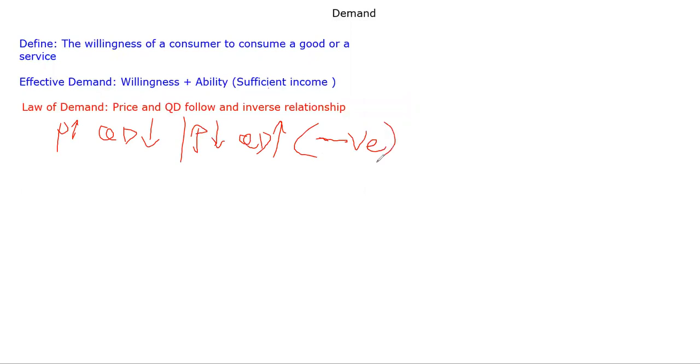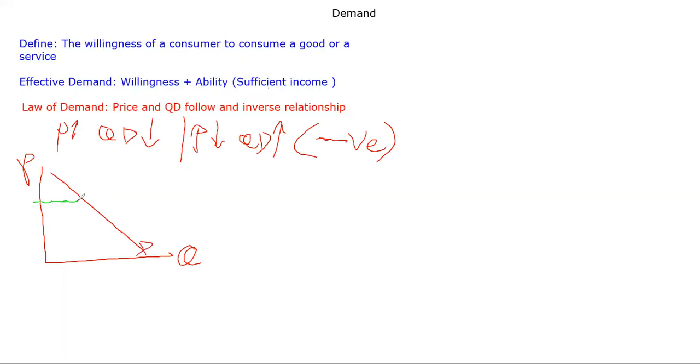And in line with this negative relationship, the demand curve, if you plot it taking price on your y-axis and quantity on your x-axis, is downward sloping. Why is it downward sloping? Because that's how the law of demand is fulfilled.